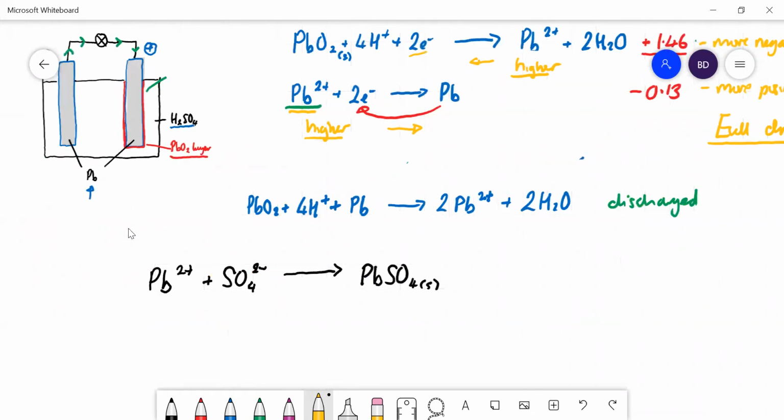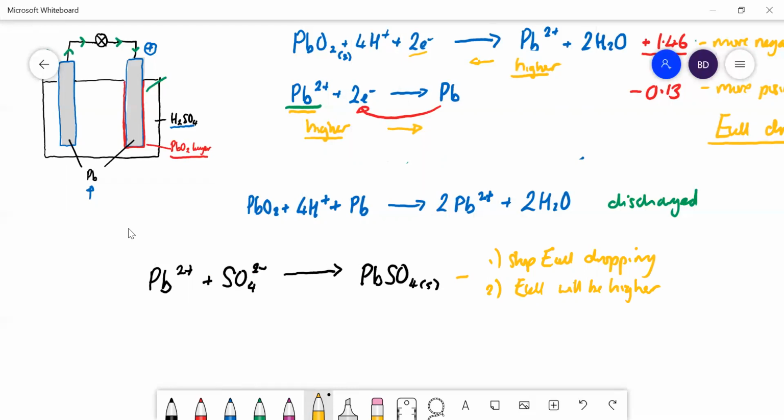That is advantageous because, number one, it will stop E cell dropping during the discharge. And number two, we saw earlier on, E cell to start off will be higher. Instead of the 1.6 volts you'd expect under standard conditions, you get more like 2 volts.